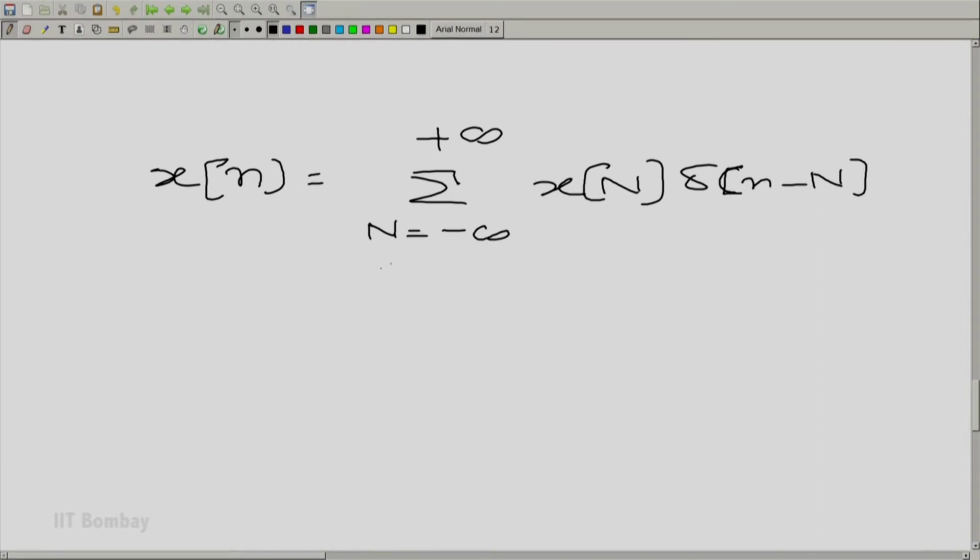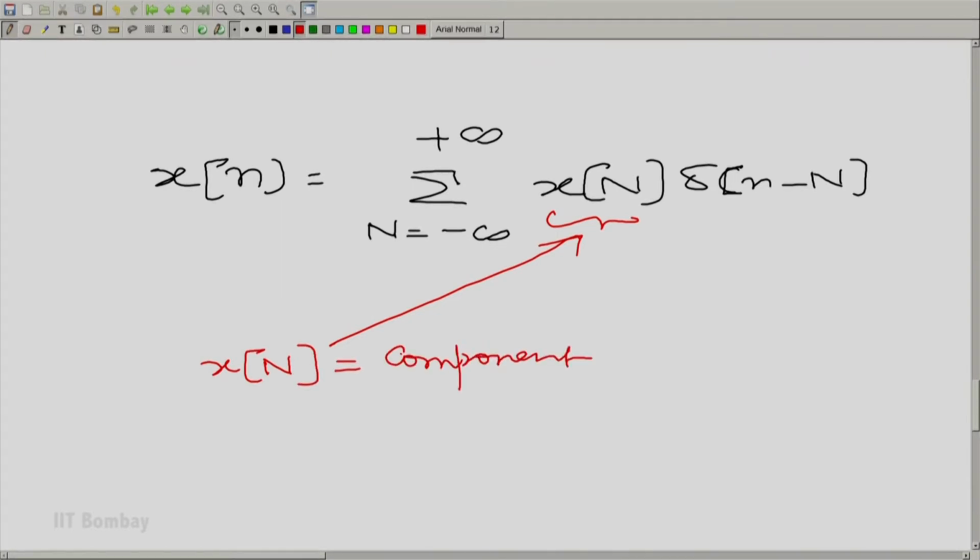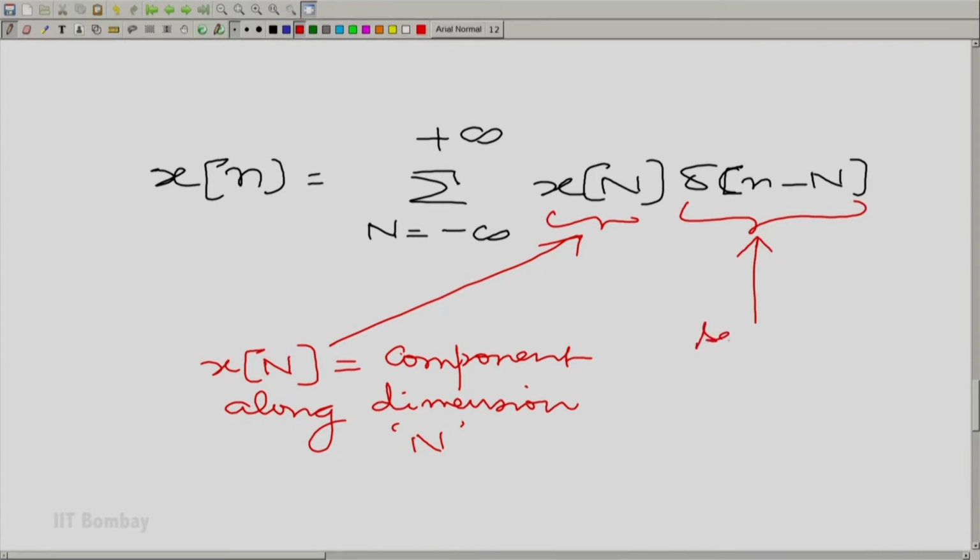We are saying the same thing, but in the language of vectors. What we are saying is that x[N] is the component along dimension capital N, and delta[n minus N] is a sequence which also forms a unit vector along dimension N.